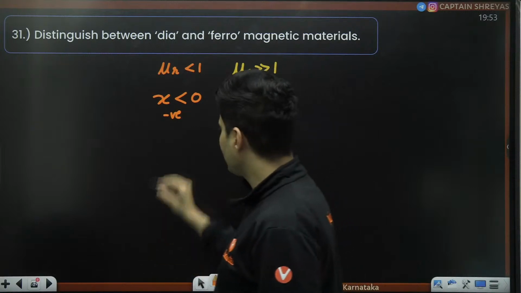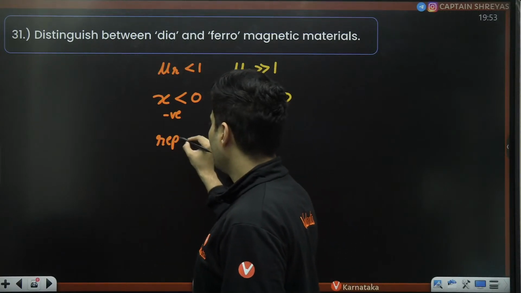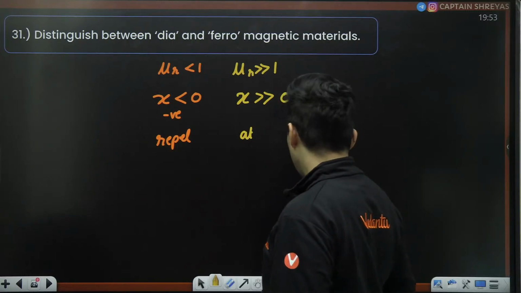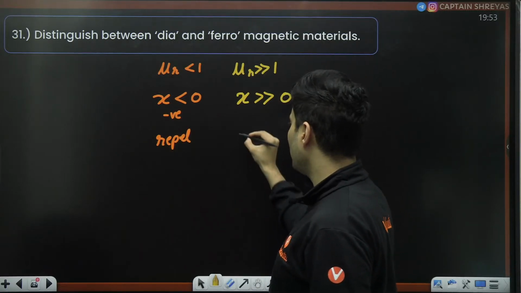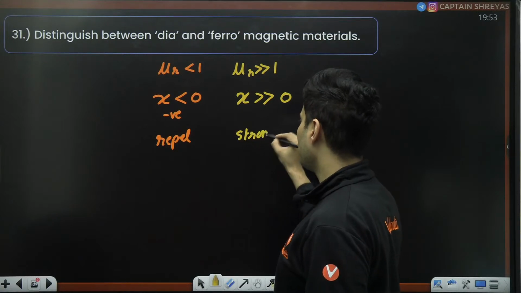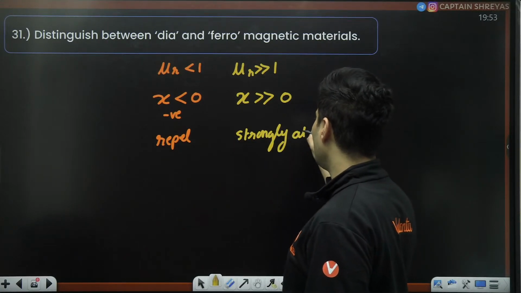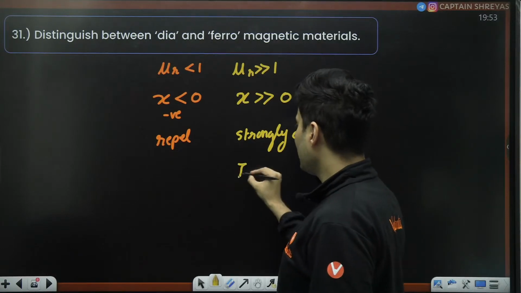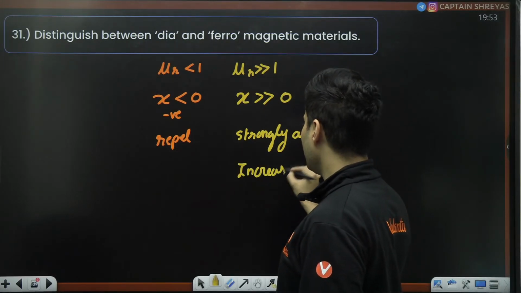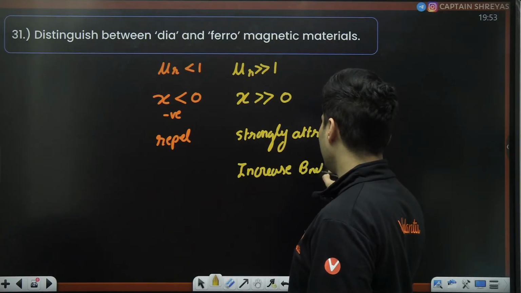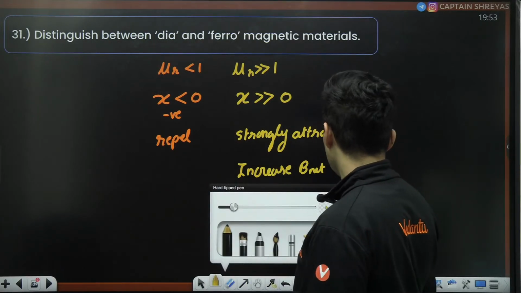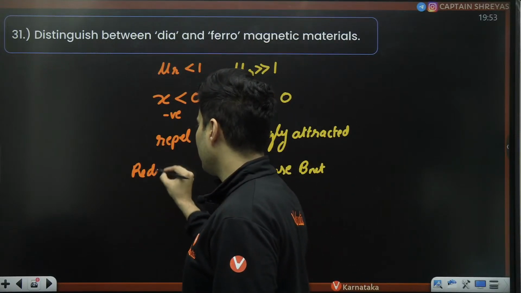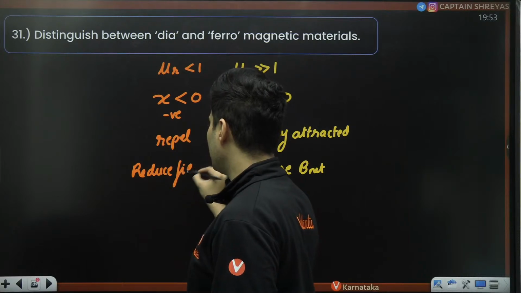Diamagnetic materials repel the field. Ferromagnetic materials are attracted, and not attracted normally, they are strongly attracted. They increase the net magnetic field which is passing through them, whereas diamagnetic materials reduce the field which is passing through them.